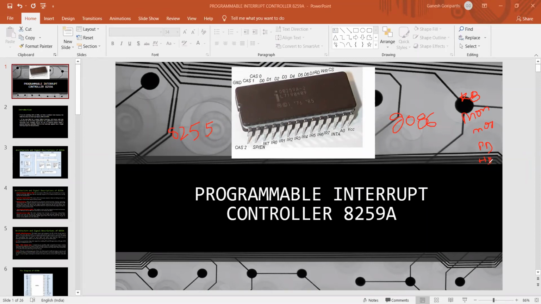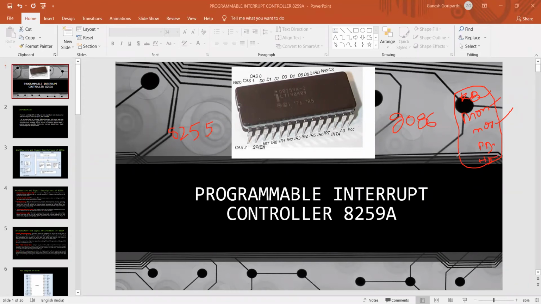These peripheral devices are either input devices or output devices. Keyboard is an input device, monitor is an output device, mouse is an input device, and pen drive, hard drive and external memory devices are all termed peripheral devices.